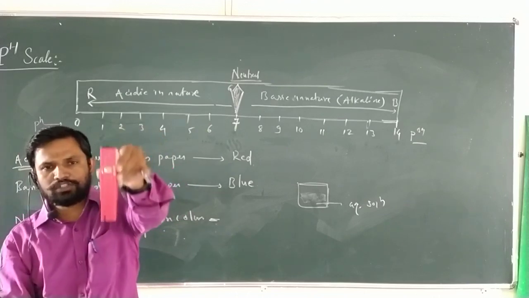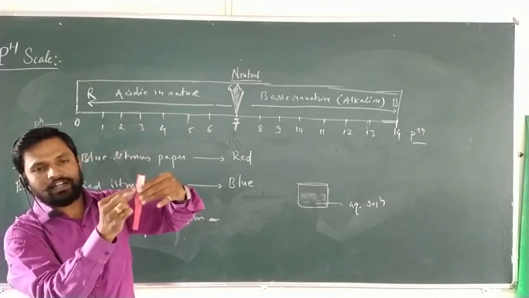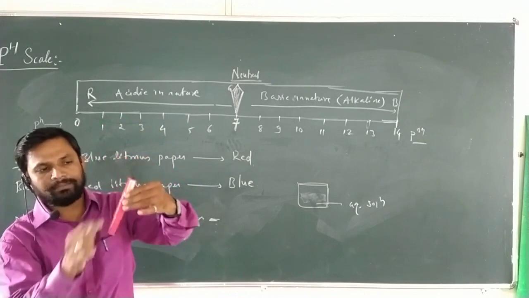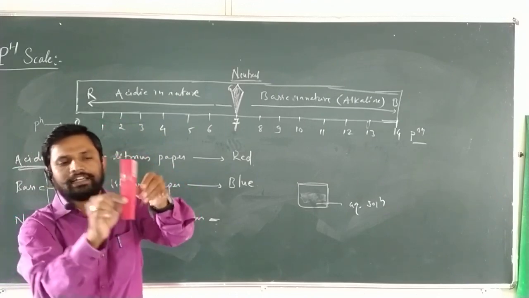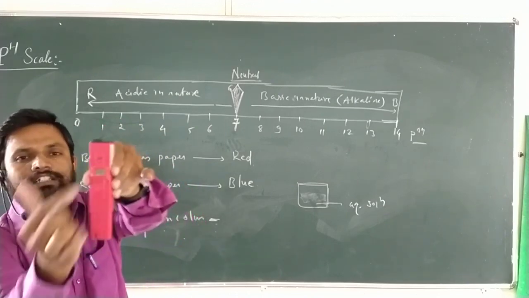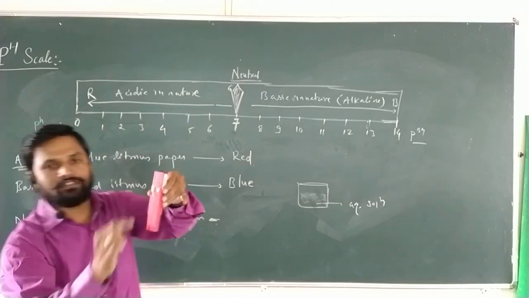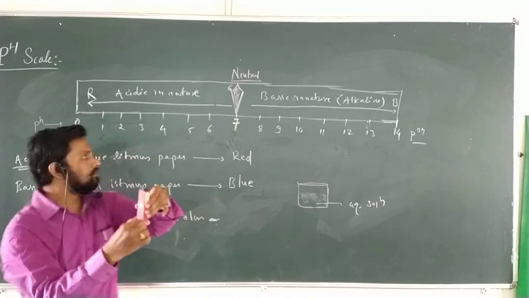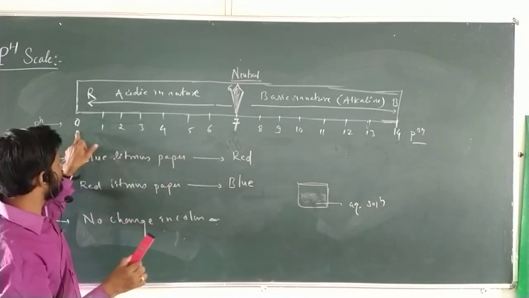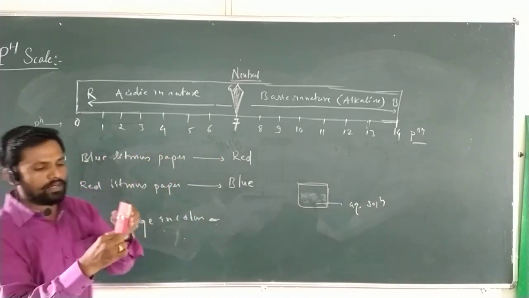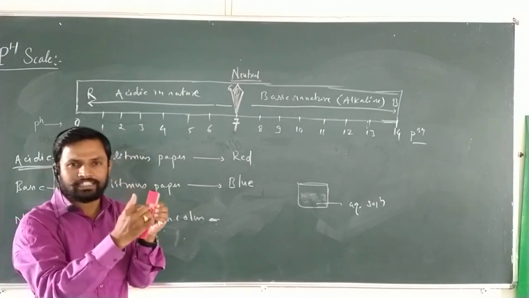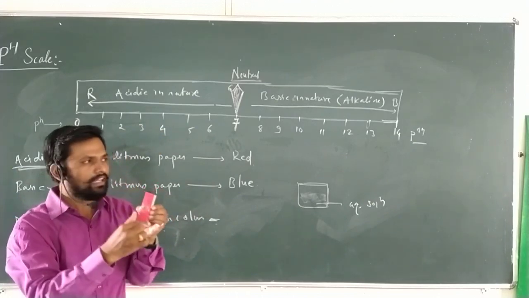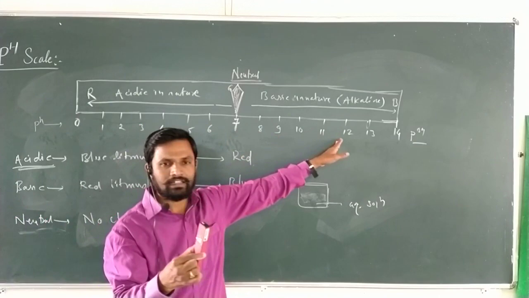Dipped in the solution, the digital value of the pH of the solution can be measured directly on the screen. Here pH is written, you can see here the pH. Directly we can see the number on the pH scale, whether it is 0, 1, 2.5, 2.6, 3, 4, 4.5, anything, or 8, anything.